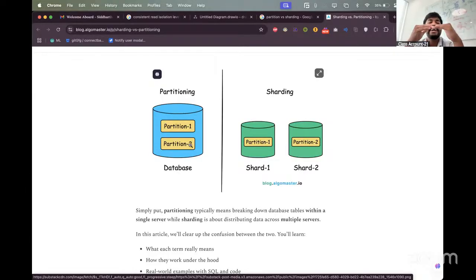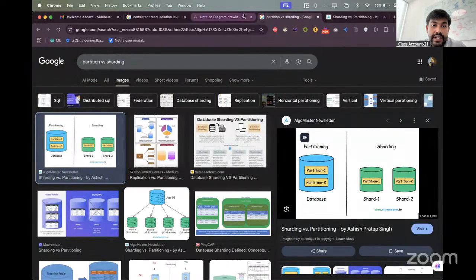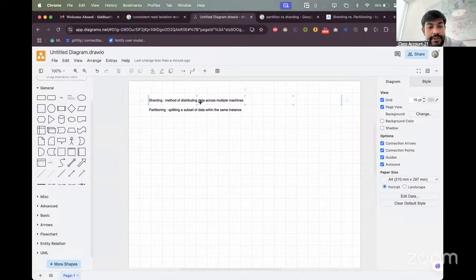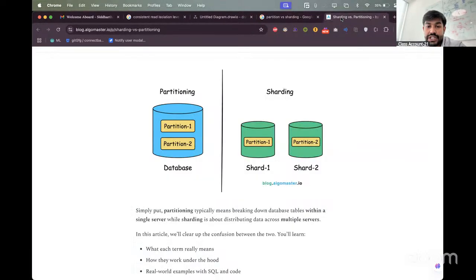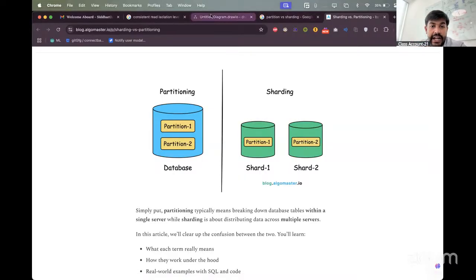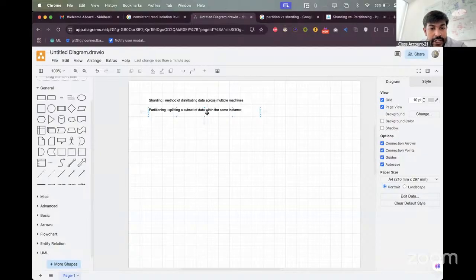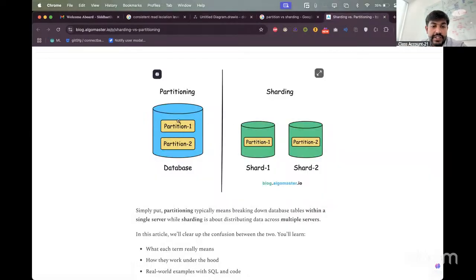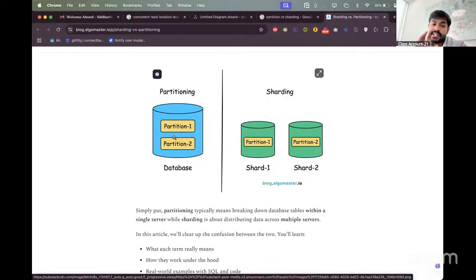It's just like data is partitioned, but they are in the same database. Sharding is where partition 1 is in one database and partition 2 is in a second database. That is why I wrote that sharding is a method of distributing data across multiple machines, and splitting a subset of data within the same instance is known as partitioning.